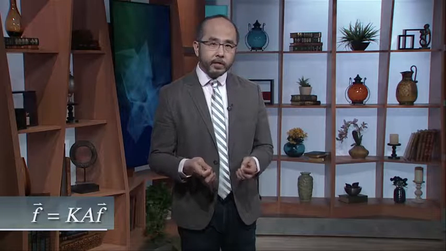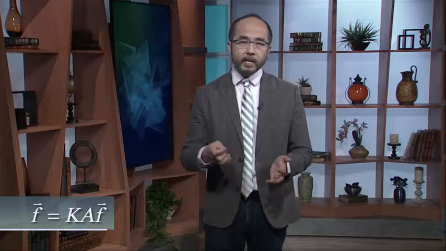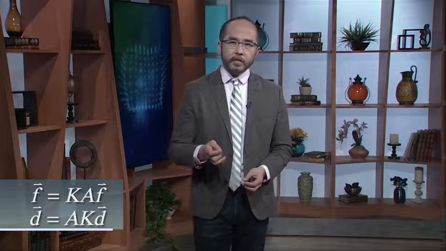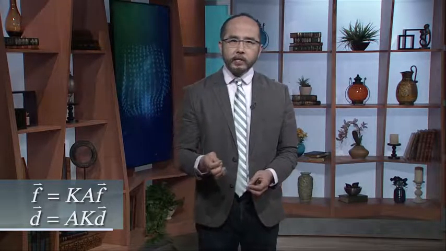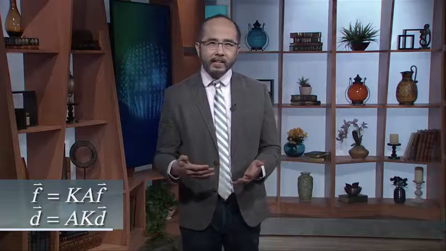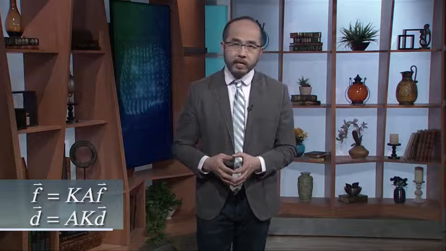Let's see what the relationship must be between K and A. Well, if I substitute the equation d equals AF into the equation F equals Kd, I see the matrix relationship F equals K times A times F. And if I substitute the equation F equals Kd into the equation d equals AF, I see another matrix relationship, d equals A times K times d. These observations suggest that KA and AK should be the identity matrix. In other words, they suggest that the stiffness matrix K is the inverse of the flexibility matrix A.